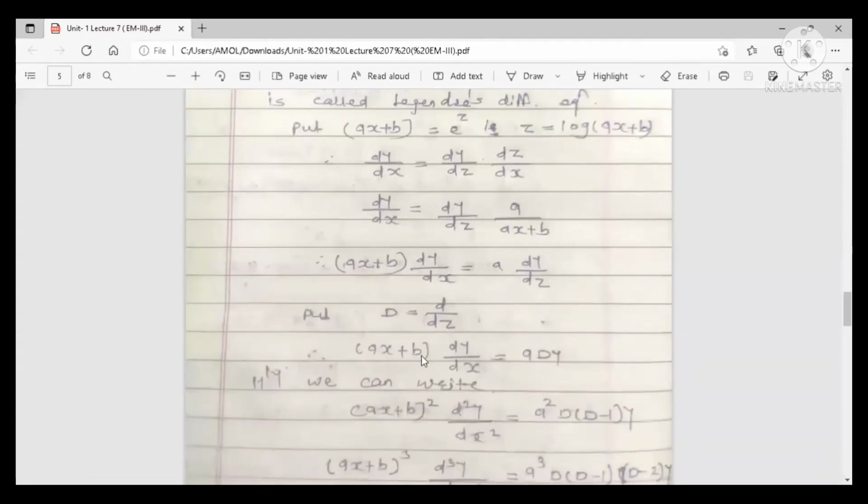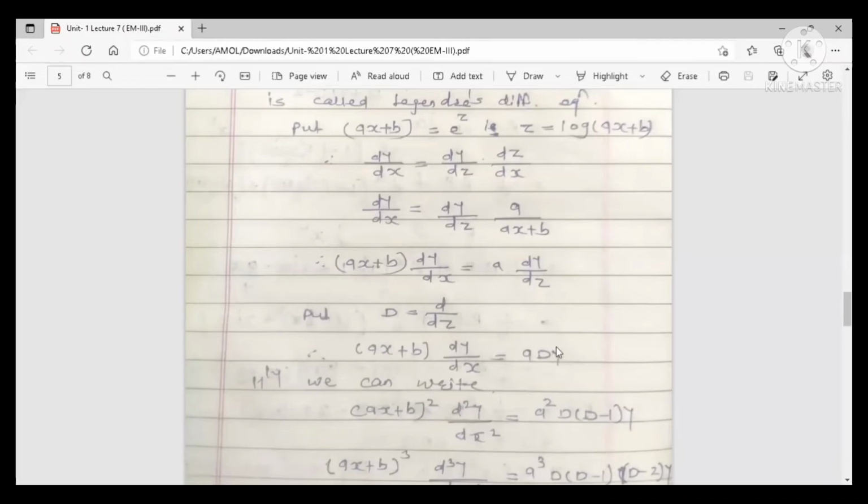It means ax plus b into dy by dx, its replacement is a into Dy. Similarly, (ax plus b) whole square into d2y by dx square is equal to a square into D into D minus 1 into y. Remember these substitutions only. Put ax plus b is equal to e raised to z, so that z is equal to log of ax plus b.